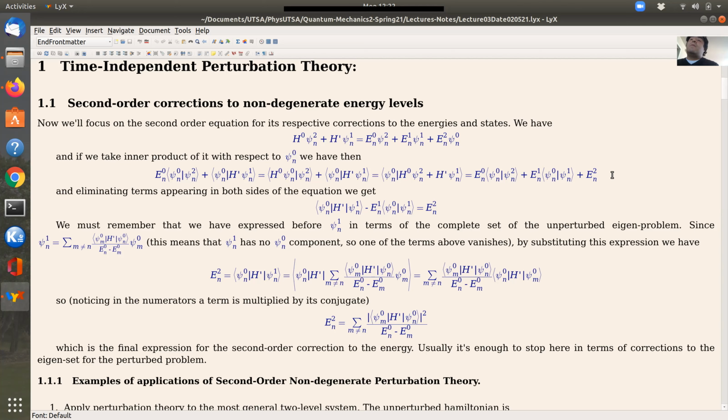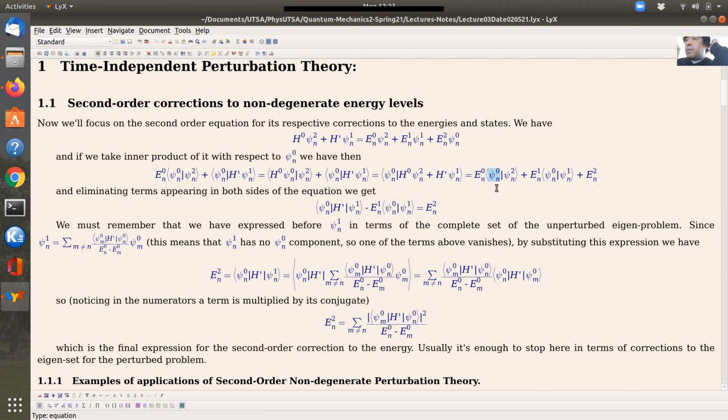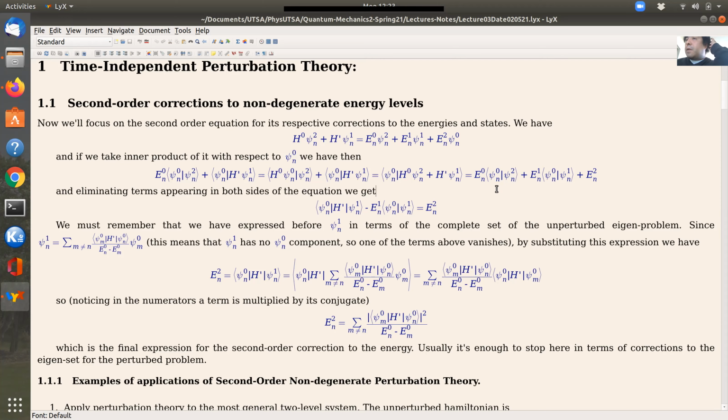And actually, in the unperturbed basis, I have orthonormality properties, which are going to make some of the terms equal to 1, as in this case. We have to remember what each one of these terms involves. So of course, this is the wave function for the unperturbed Hamiltonian.